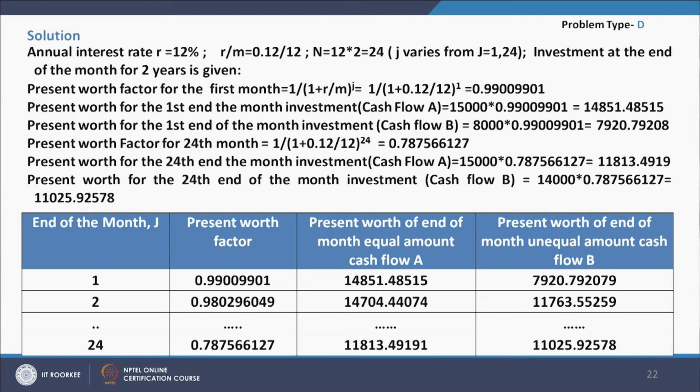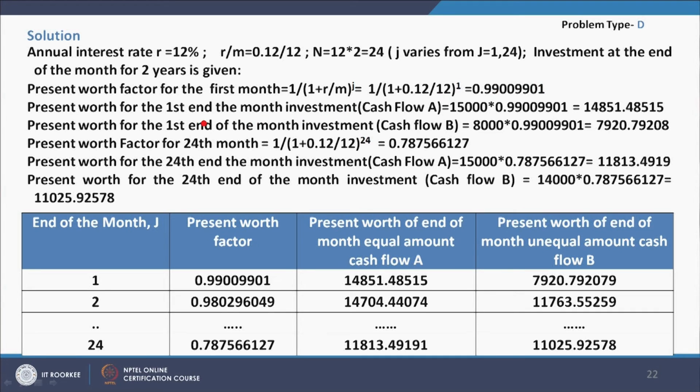So, the present worth factor for the first month is 0.99099901, and similarly we have calculated the present worth at the end of each month for equal cash flow. This comes out to be 14851, and the present worth for the unequal cash flow comes out to be 7920.79207. Here, this is the present worth factor.